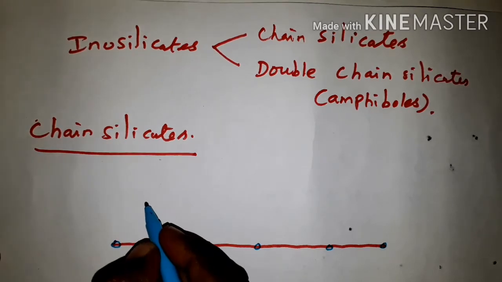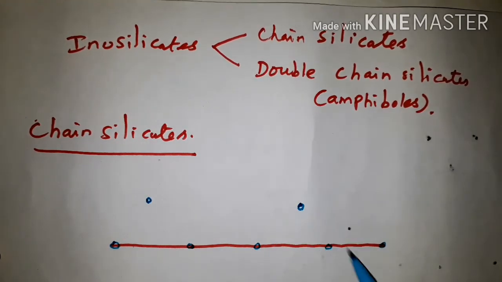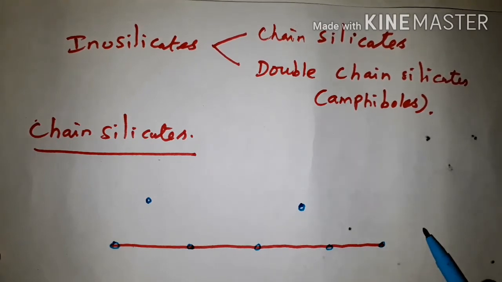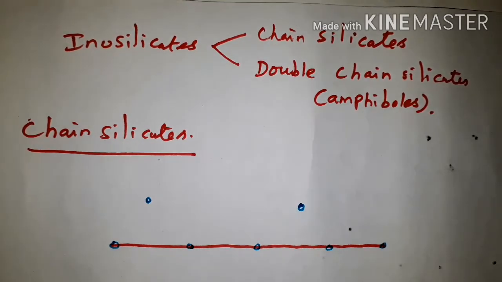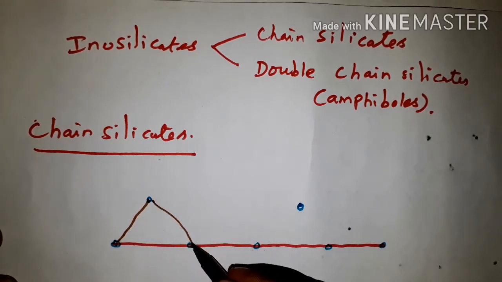And you make an oxygen atom in between these two oxygen atoms like this. These are the short tricks for you to understand easily. Now make the link between these oxygen atoms.